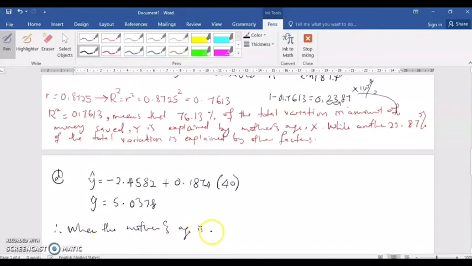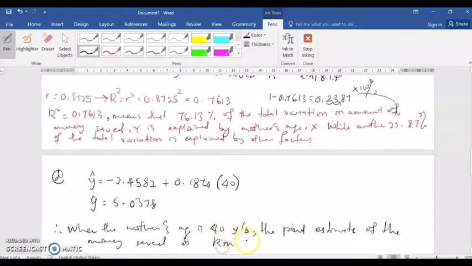Okay, so in conclusion, you can see when the mother's age is 40 years old, the point estimate of the money saved is RM.